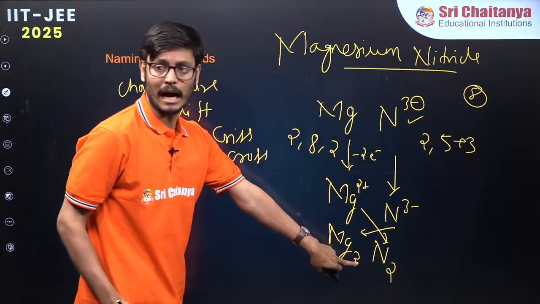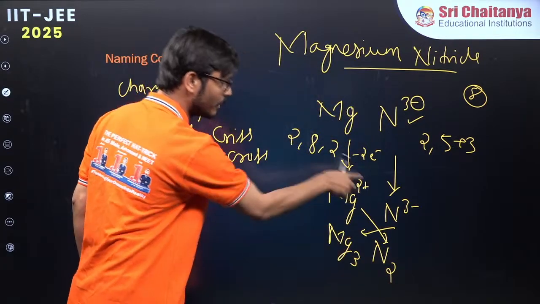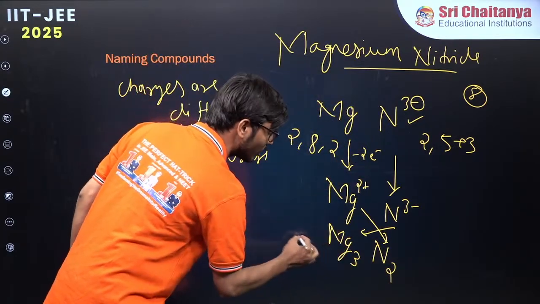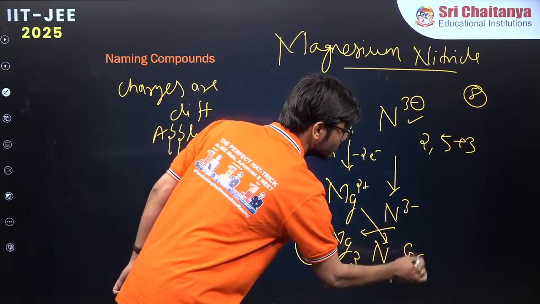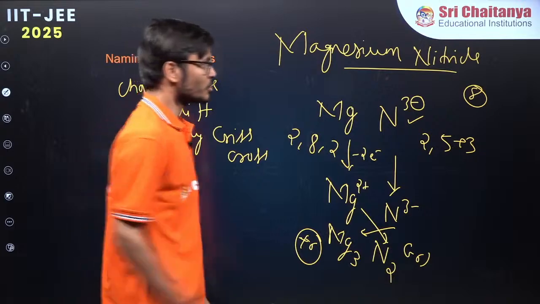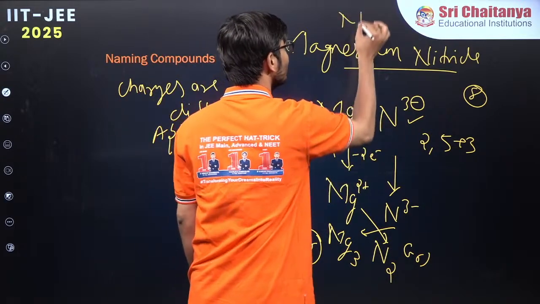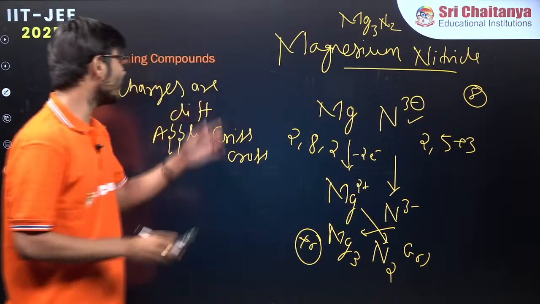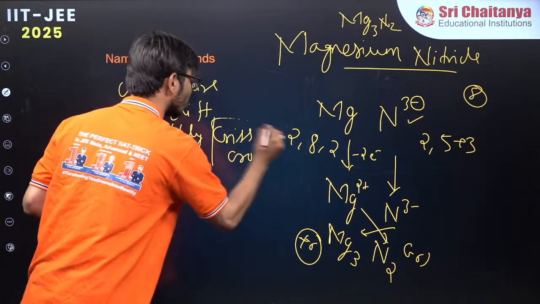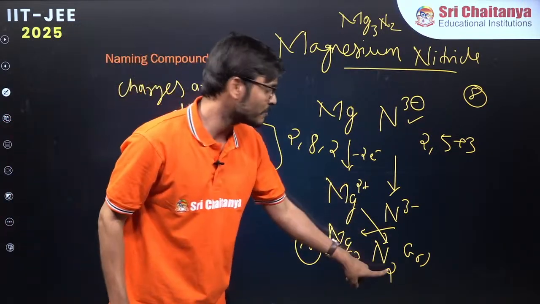So what is the charge now? 3 magnesium and 2 plus charge, how much? Plus 6, isn't it? 2 nitrogen minus 3 charge, minus 6. Now it is electrically neutral. So what is magnesium nitride then? So magnesium nitride is Mg3N2. So what we did is, if we are having different charge, apply crisscross. That means charge should become subscript of the numbers.